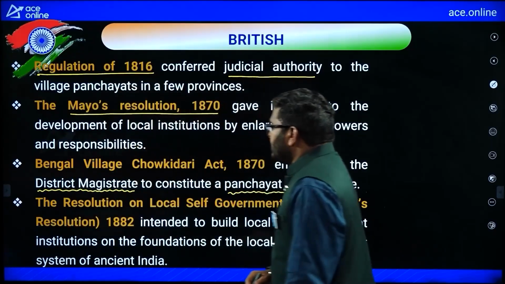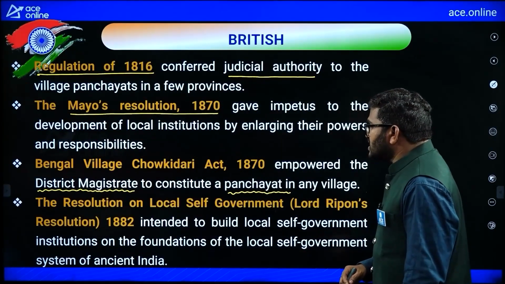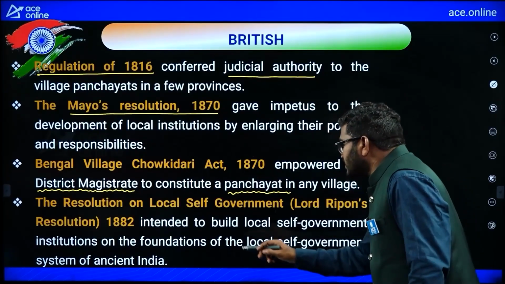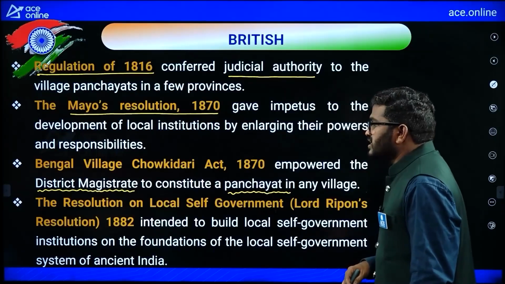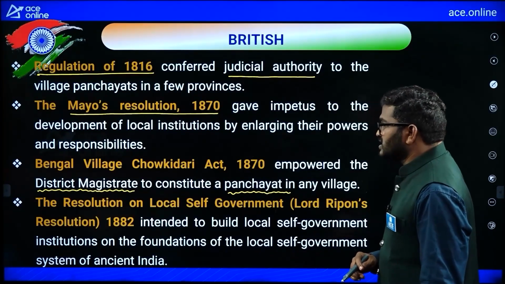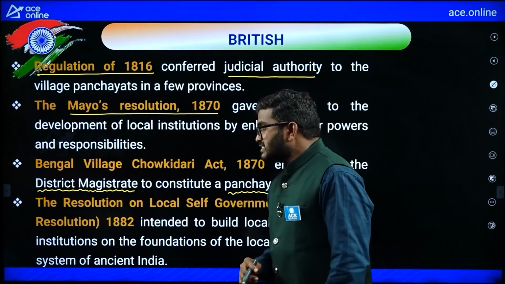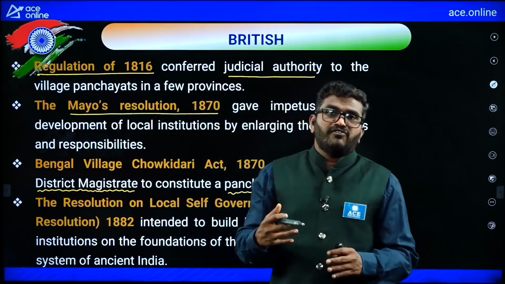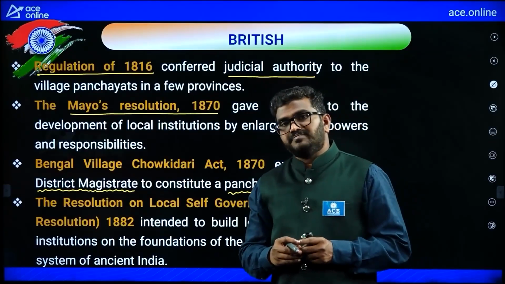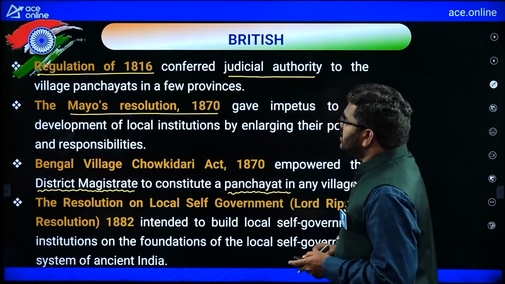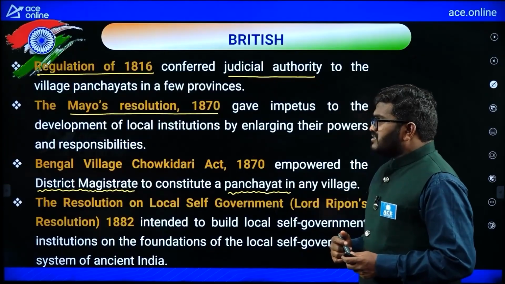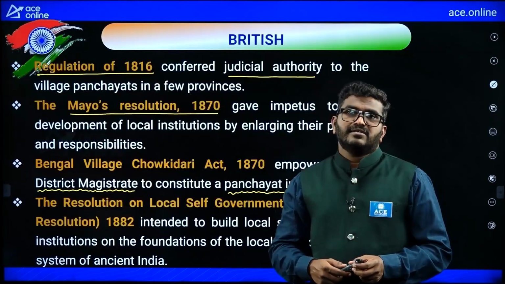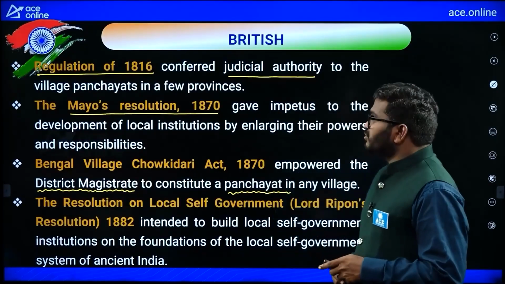Then Lord Ripon's resolution on local self-government in 1882 intended to build local self-government institutions on the foundation of the local self-government systems of ancient India. So these are the different acts, laws and resolutions given by the British government during their rule.